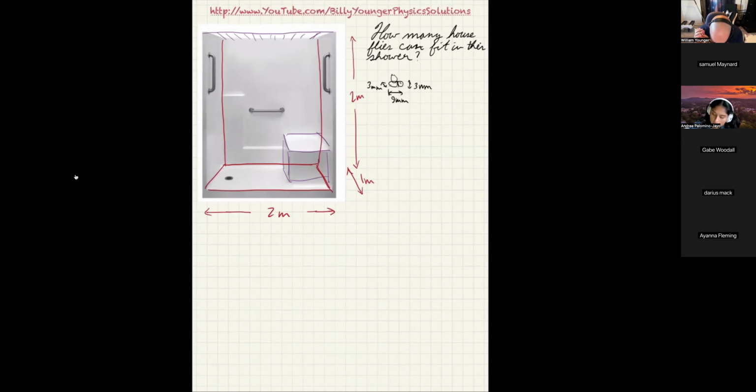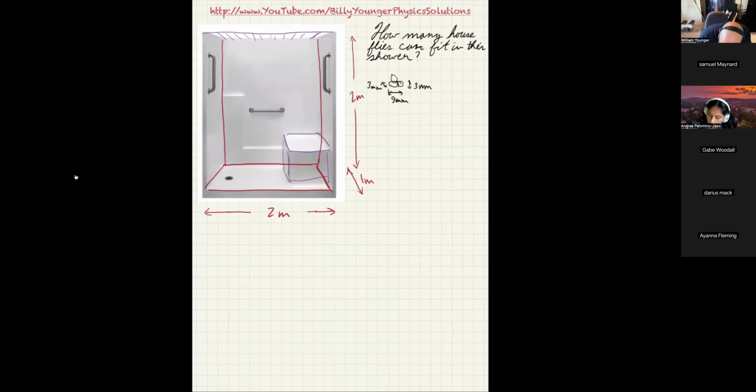So if I had no clue about the length of that fly, I would say it's definitely smaller than 2 centimeters, but definitely bigger than a millimeter. A millimeter, of course, is a tenth of a centimeter.